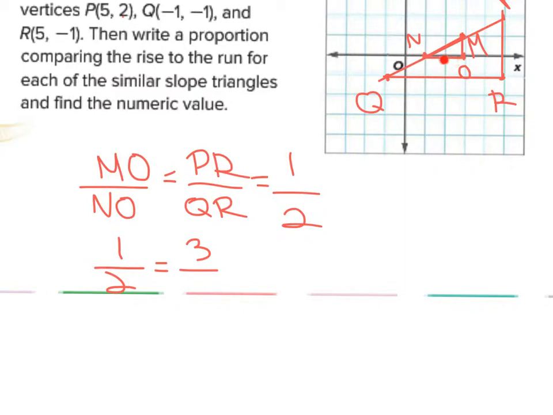And QR is 6. Right? You can count the units right there, the squares. And when we cross multiply, which really we don't even have to, because we can see that this is a half, and it's going to also be a half. Okay?